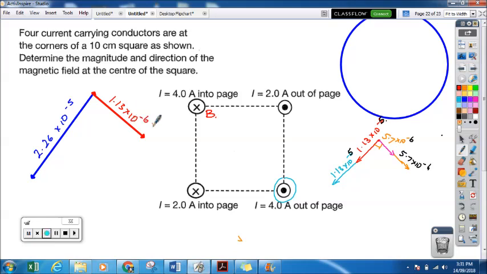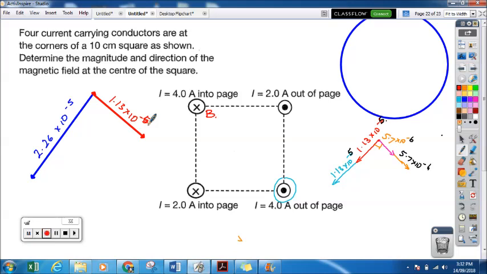Okay, I think I've got that right. No, it's 10 to the minus 5. No, it's not. Let me pause the video, and I'm just going to check that I've added those correctly. Okay, I have added them up. I just got the wrong index at the top here. So that should be a 5.